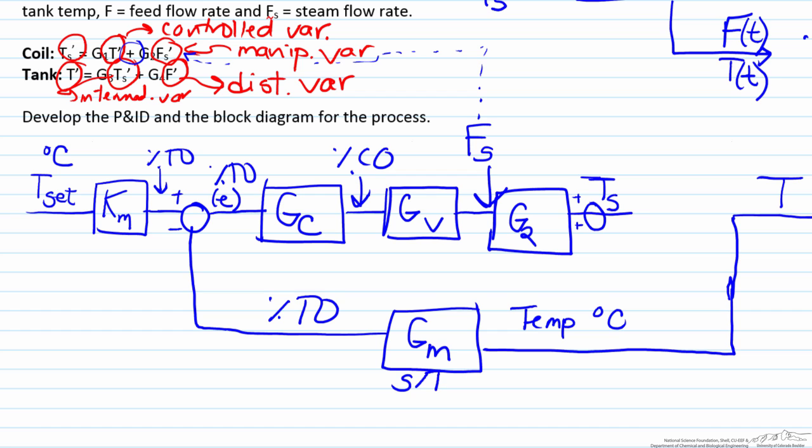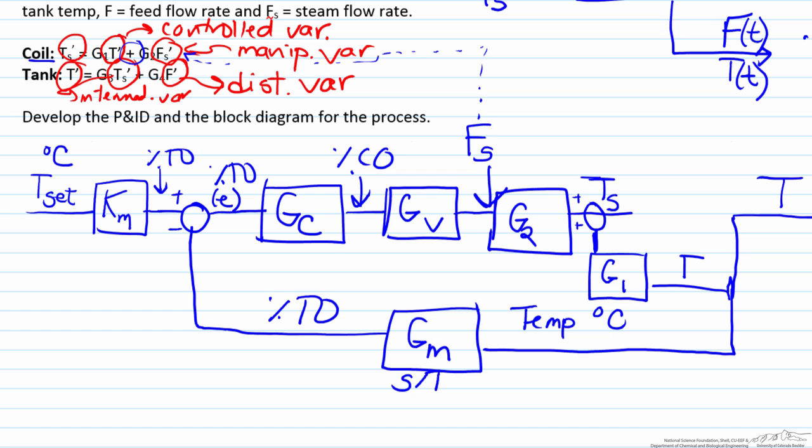We've already put it in the diagram. So we can draw a branch off of that and then add a G1 block in order to carry out the multiplication. So TS is G1 times T plus G2 times Fs, which is the relationship we have here in the coil.